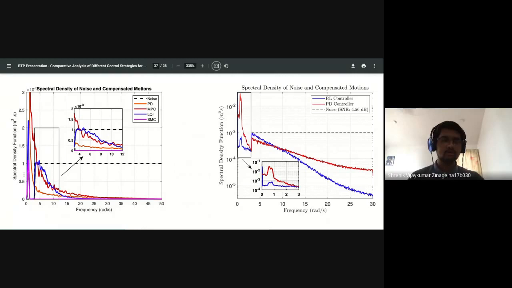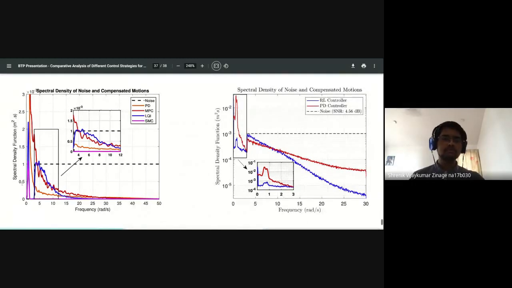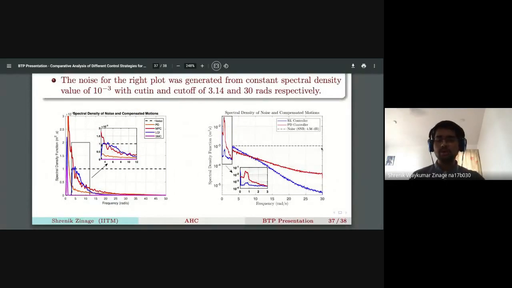Due to that, the spectrum of the compensated motion changed. But since we are interested in checking which controller is able to attenuate noise, you can see from the plot that SMC still performed best and the worst was MPC. The effect of saturation was also more on MPC.